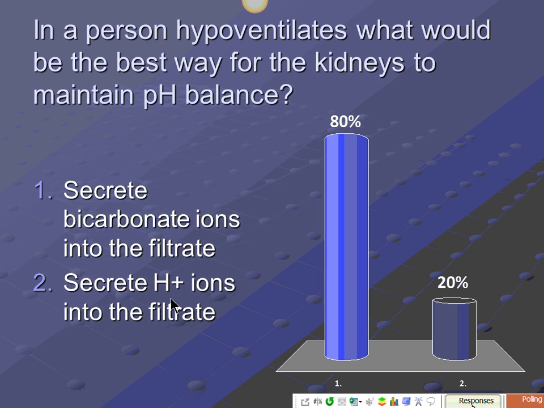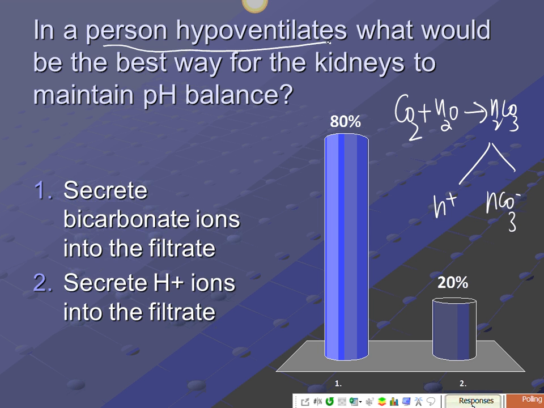So if a person is hypoventilating, right, what will happen? They're breathing less frequently than they should normally do. So there's some respiratory problem. So when they breathe less frequently, what is going to build up in their blood? CO2, isn't it? CO2 then will interact with water, will form carbonic acid, which will give rise to hydrogen ions and bicarbonate, right?